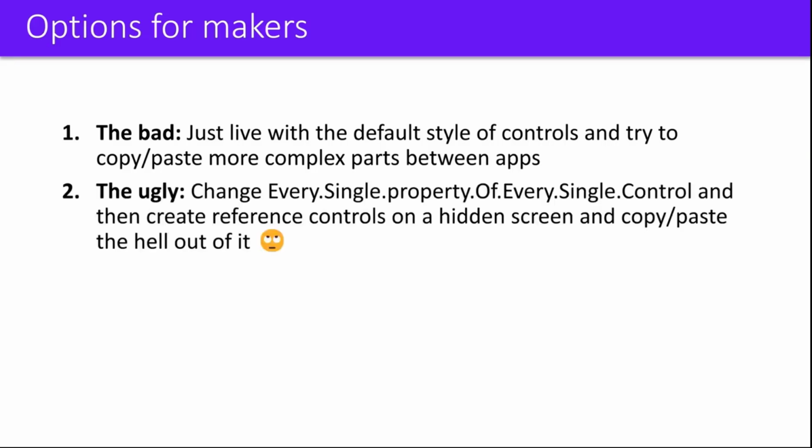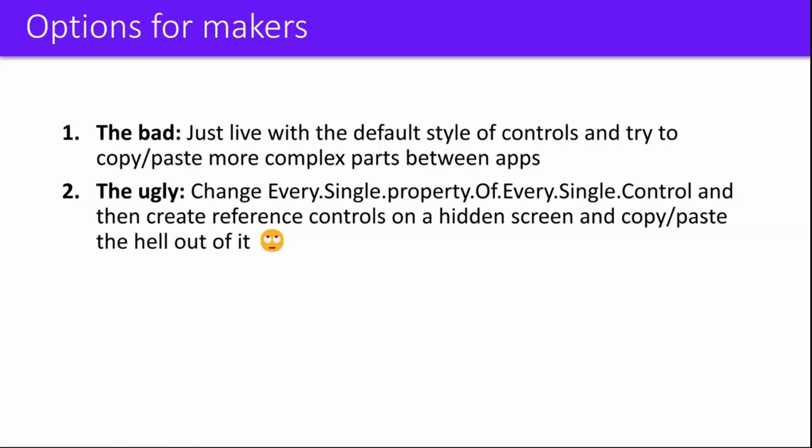The second option that a maker has is the ugly one. We could literally change every single property of every single control, which is super painful. Then we would have some reference control, something that we styled in a nice way, maybe on a hidden screen, and then copy and paste the hell out of that so that we can have a nicer look and feel in our apps.